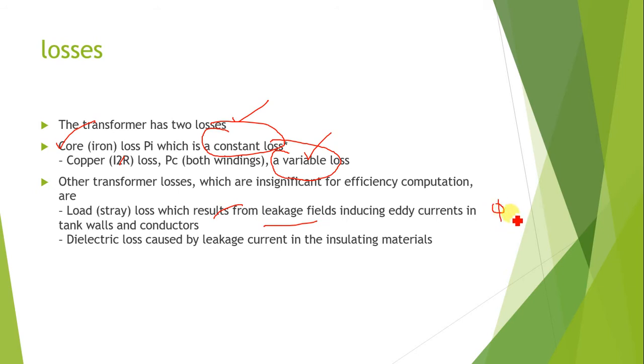Flux will leak, which will create eddy currents in the tank walls and the conductors. And there are dielectric losses, caused by insulating materials. All these losses should be minimized as much as possible, then only you will get a better eta value, or efficiency.